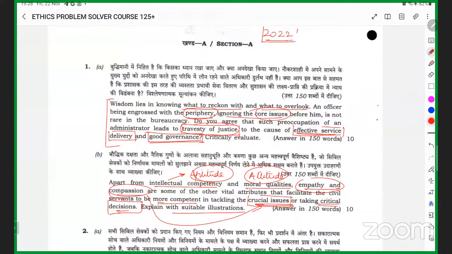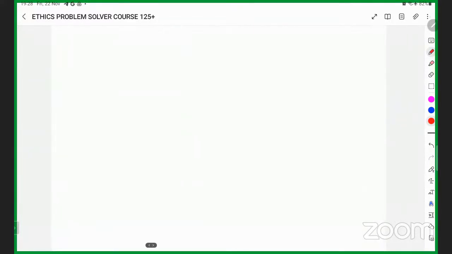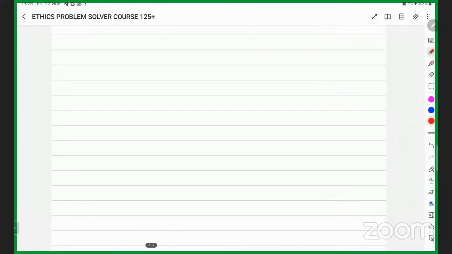Now, the approach while attempting such answers is, firstly, you decide the framework in which you want to write the answer. The first thing that you need to do here is to write a good introduction. The introduction in this case could be any data, any quote, or a very general definition of what responsibility is.